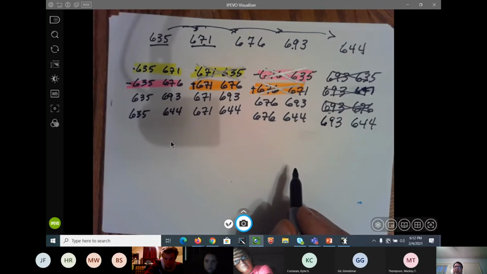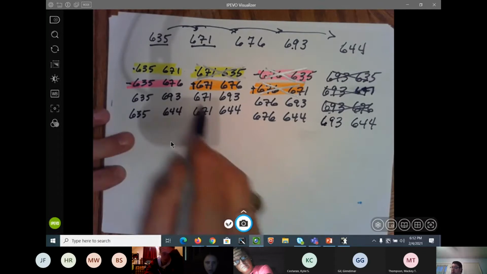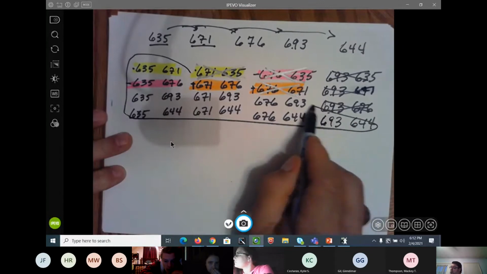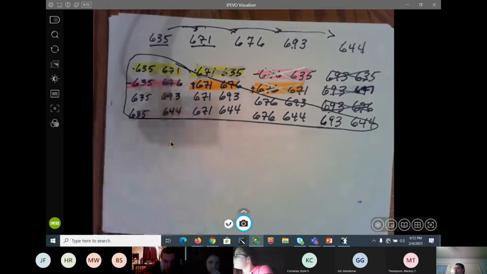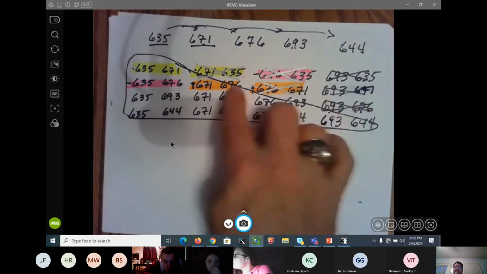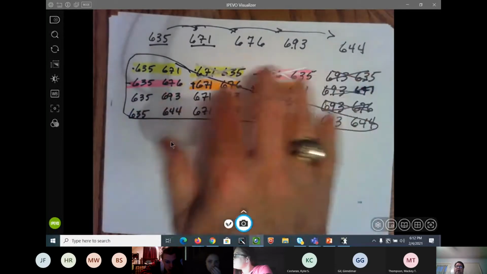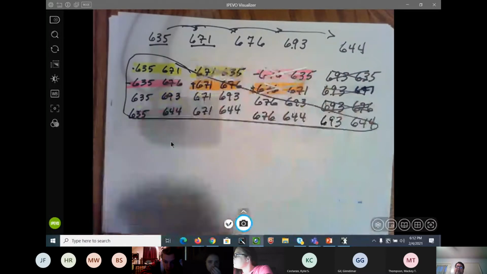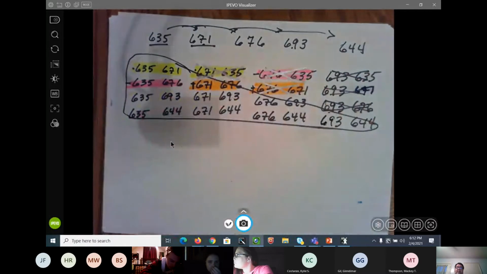This is a trick I learned in the war. Look here. You end up with half of your numbers falling off because they're repetitive. And that should be your answer, y'all.